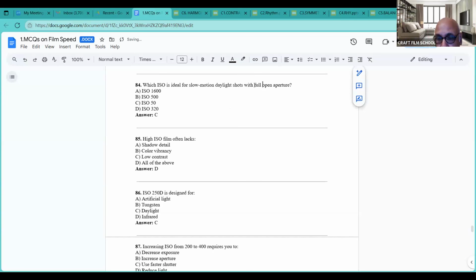Full opening of the aperture at 2.8. Already I have defined full opening. Okay. So now I cannot open the aperture.